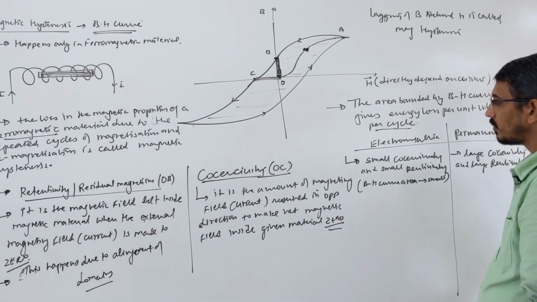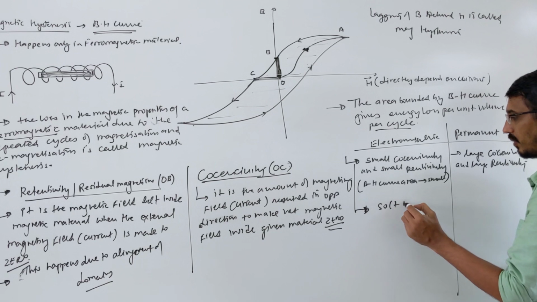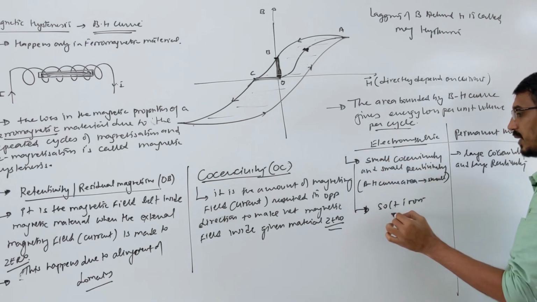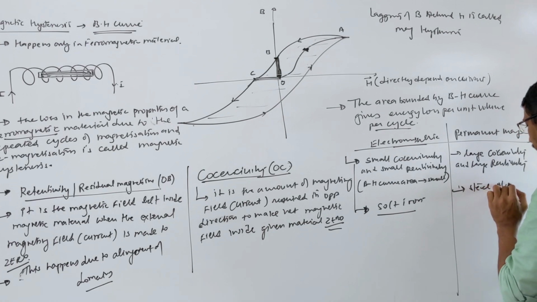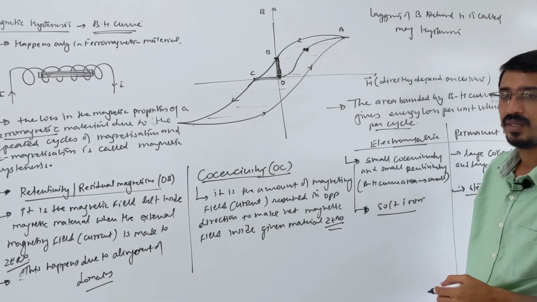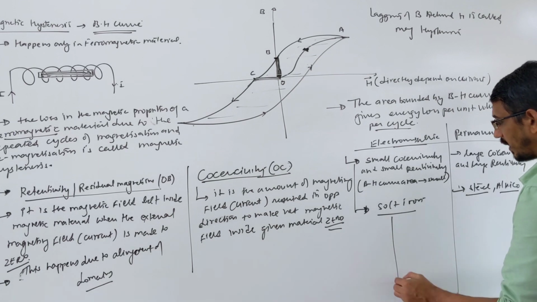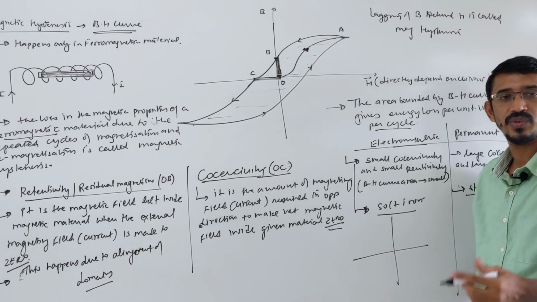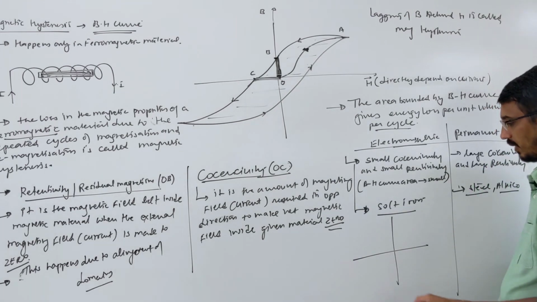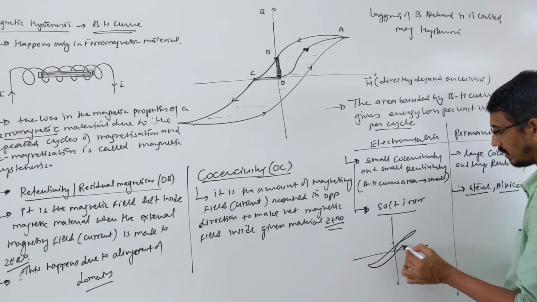So what type of material do we use? For an electromagnet we use soft iron. For permanent magnets we use steel and Alnico, this type of thing. In an exam they once gave a graph and asked which material is good for a permanent magnet and which is good for an electromagnet. For an electromagnet you need a graph which has a minimum area, like this small graph.